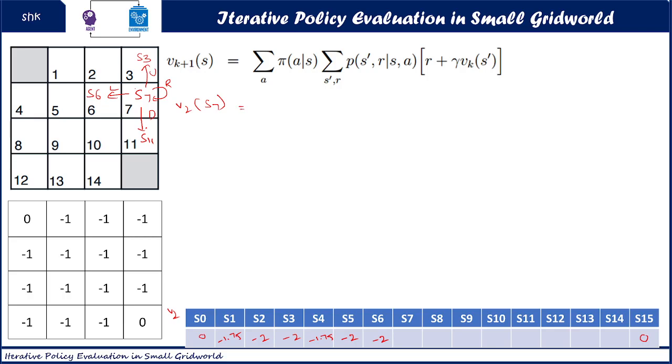So now we will write the value function V2 of S7 as the summation over all actions of the probability of the action from state S7. The probability of transition from state to state is 1, the reward is -1, and the discount factor is 1. So we can write -1 plus V1 of S', where S' depends upon the action.